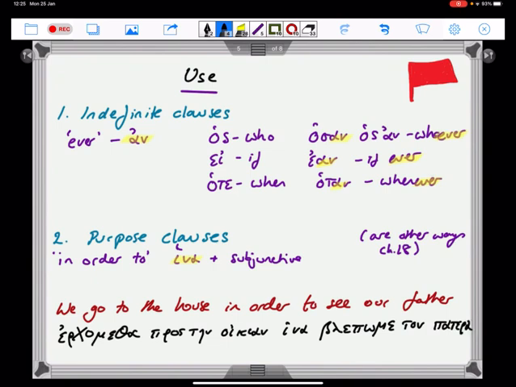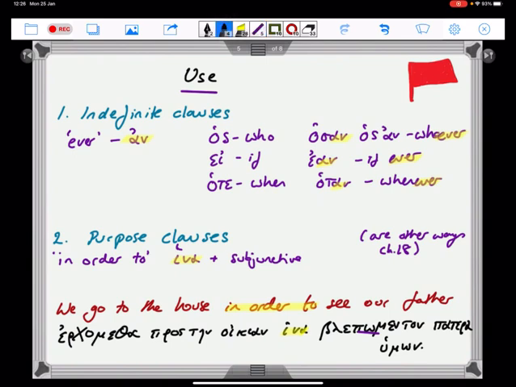And you could add the pronoun for our, hemon even, of us. So here, hina is going to be your in order to, and you've got a subjunctive in blepomen with that lengthened omega, giving you a subjunctive ending there. Erchometha, we go, pros ten oikian, to the house, hina, in order, blepomen, to see, ton patera hemon, our father.